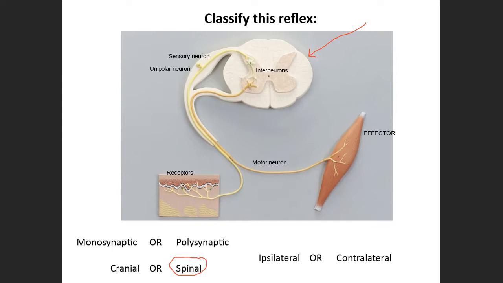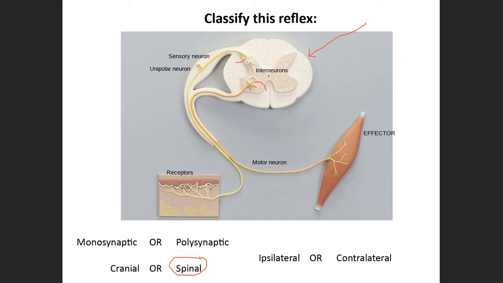Yeah, so Nicole's mentioning, and the easiest way to think about it, it's the number of synapses, or the number of places where neurons meet to talk to each other. That's a synapse. So when I look at this particular reflex, I have one space here where my sensory neuron meets with my interneuron, and one space here where my interneuron meets with my motor neuron.